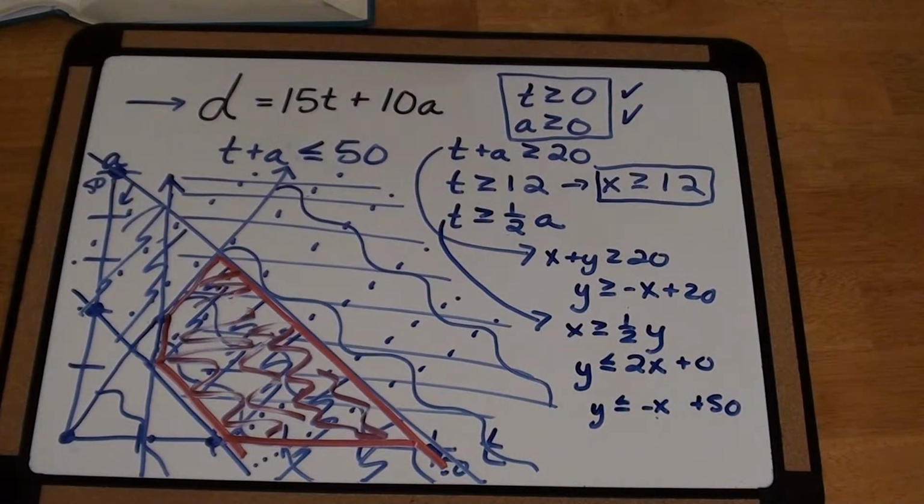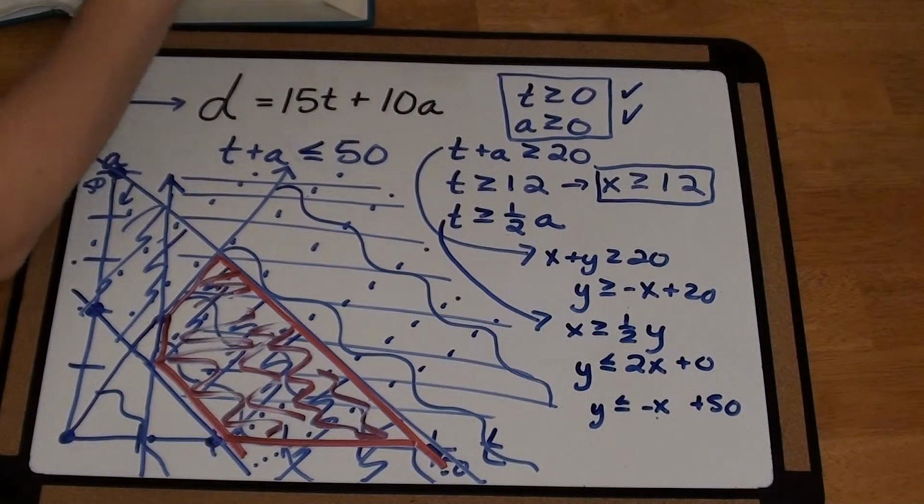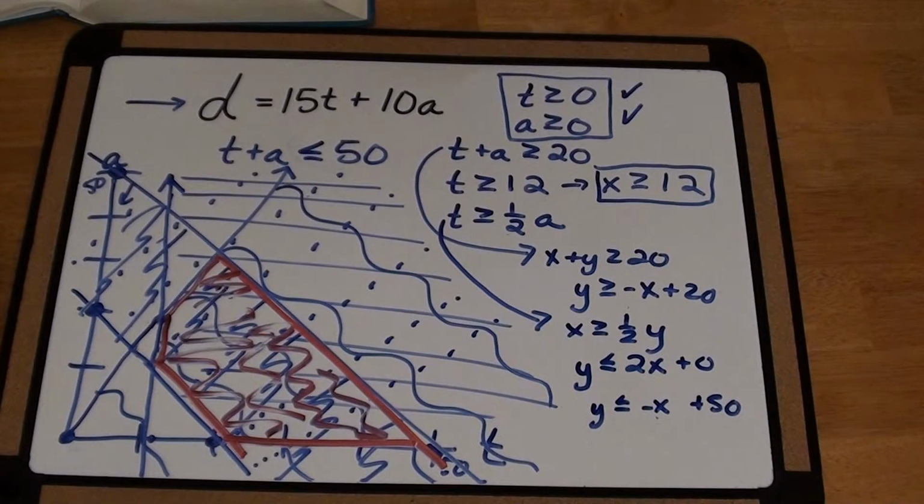Then when we go through, we find our vertices. Hold on. I'm just taking a look at how they're proceeding through there.